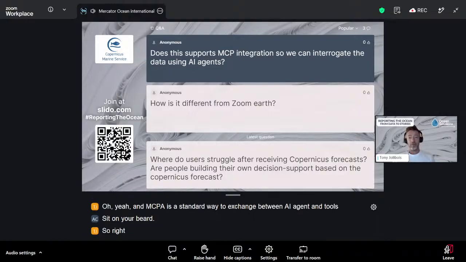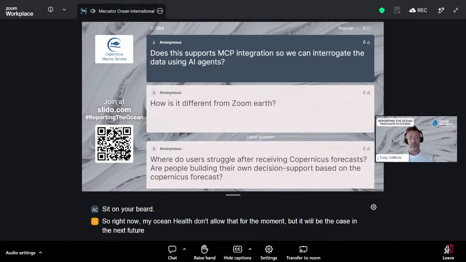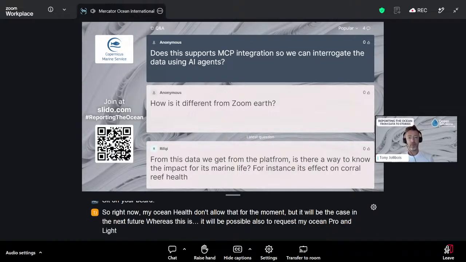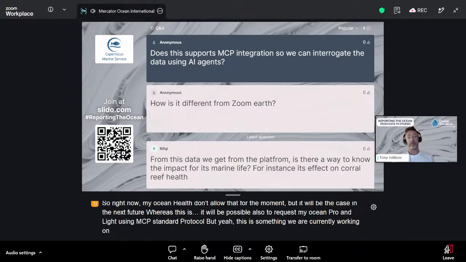Right now, MyOcean Health doesn't allow that, but it will be the case in the near future. It will also be possible to request MyOcean Pro and Lite using the MCP standard protocol. This is something we are currently working on, and it is not ready yet.